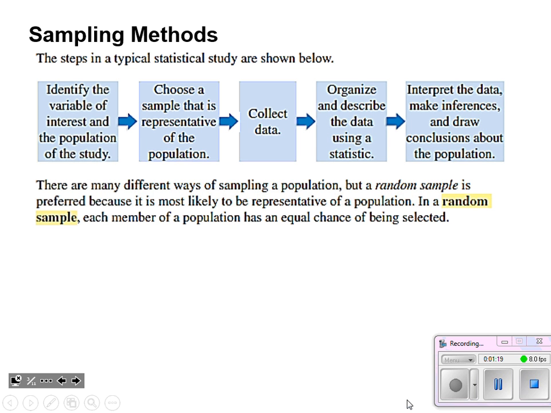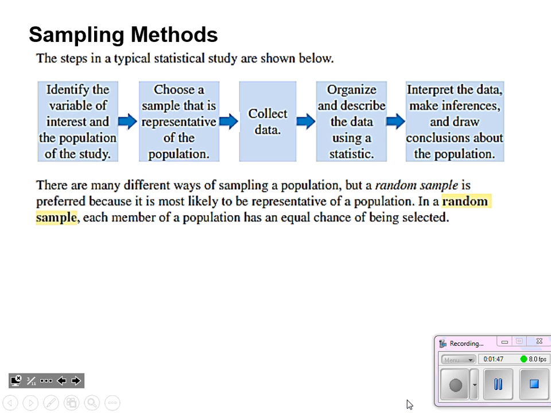So here are the steps in a typical survey: identify the variable, choose a sample that represents the population we're concerned with, collect the data, organize it, and then interpret it. So we're going to look at the ways that we can sample a population, because we want to be able to get this statistic and have it be representative of the population.